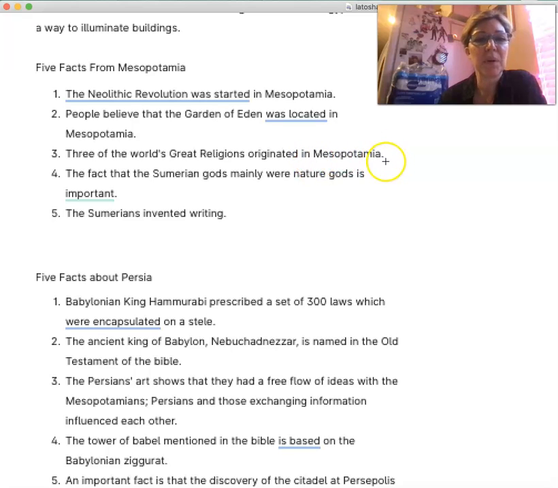Okay, expand upon your statements. What could you say? If you told anyone, did you know 3 religions originated in Mesopotamia? And they're going to first thing they're going to think is, which ones? So you might want to add that in your statement.